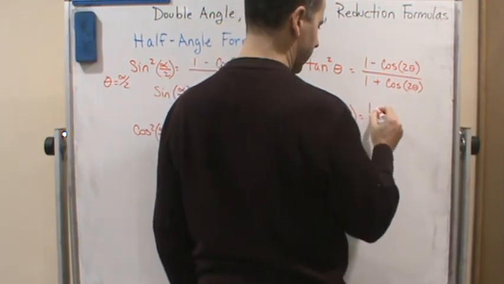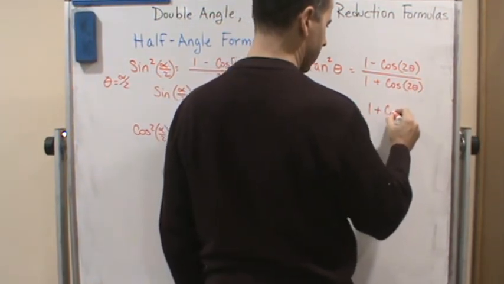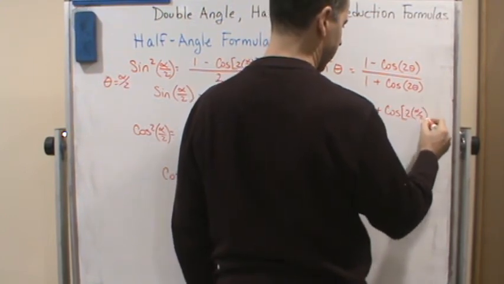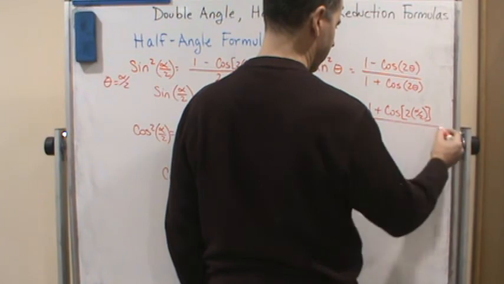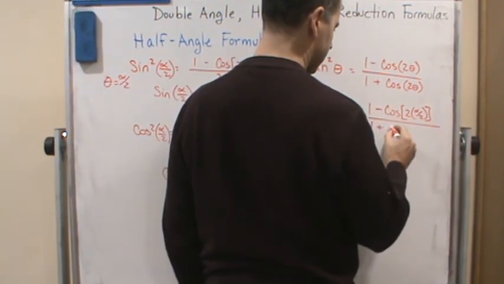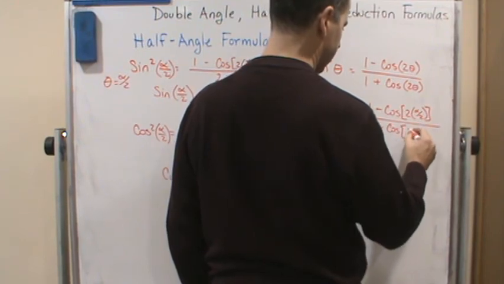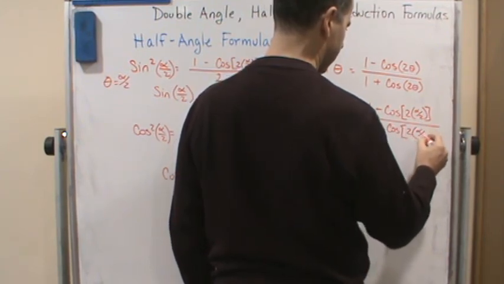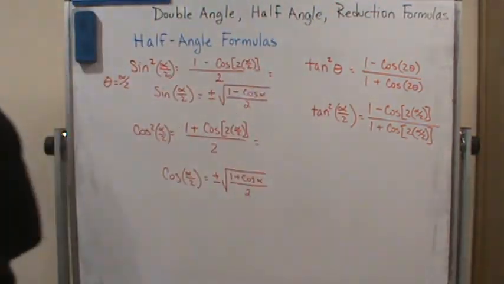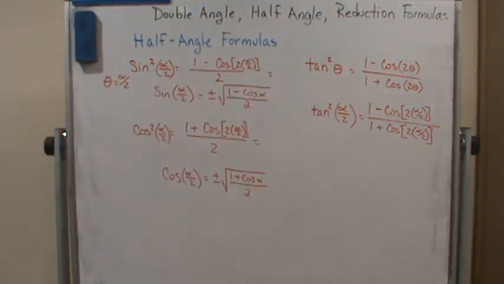So we're going to get 1 minus cosine 2 times alpha divided by 2. Oh, minus, not plus. And then 1 plus cosine, and we'll get the same thing. The 2's are going to cancel, and we end up with 1 minus cosine alpha divided by 1 plus cosine alpha.